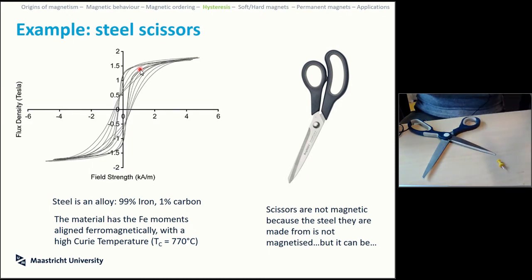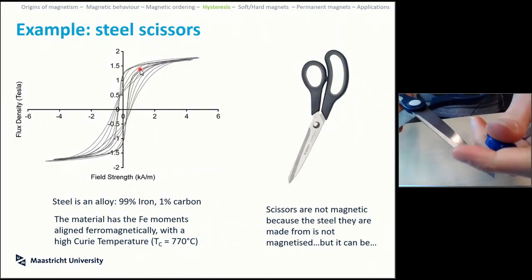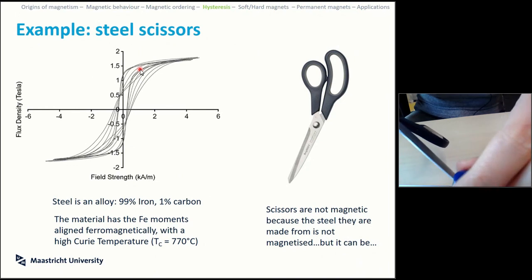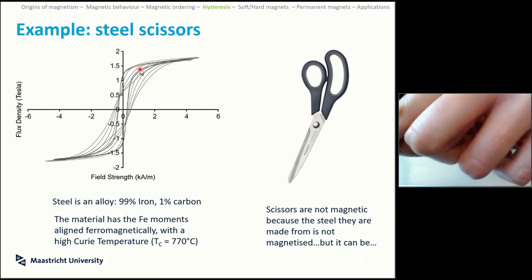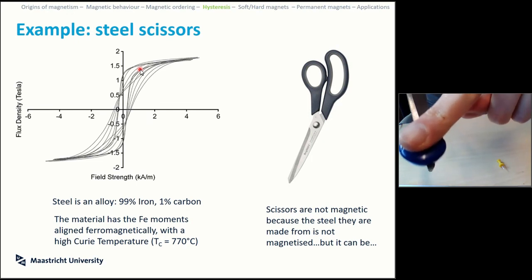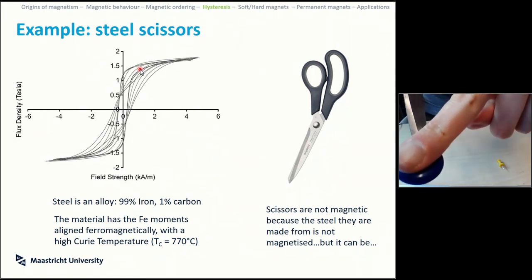So this thing can actually enforce magnetism. If I take my steel scissors and I put the magnet on them, you can see that this does what you expect. But this is me pushing the tip of the steel scissors into a nicely magnetized state.